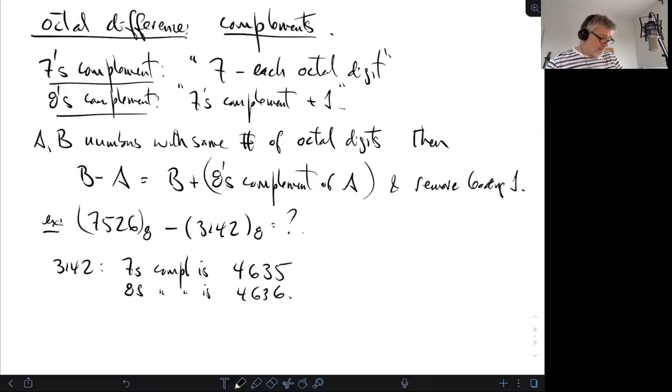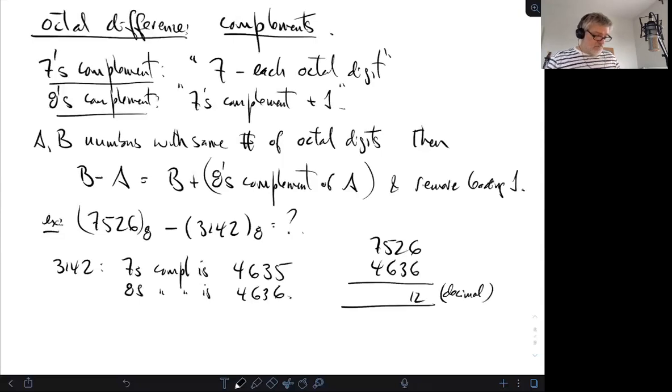And then I add 7, 5, 2, 6 and 4, 6, 3, 6. Again, careful, these are octal. I'll do an intermediate step in decimal here. So this is 12, which is 8 plus 4. That's 4 and a carry of 1. 3, 2, and 1, that's 6, which is 6. 6 and 5 is 11, which is 3 and a carry of 1.